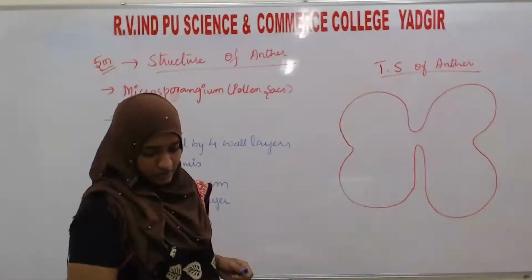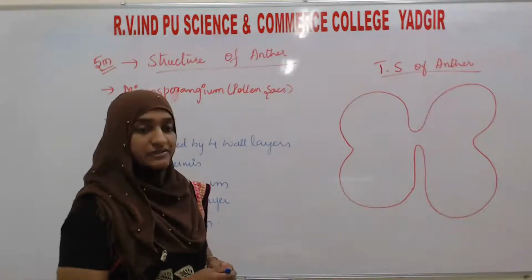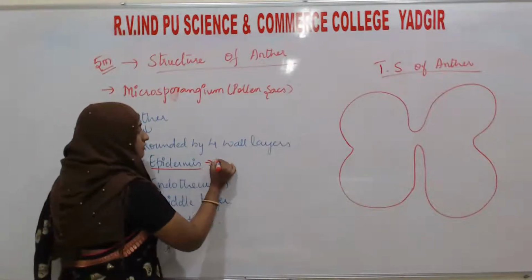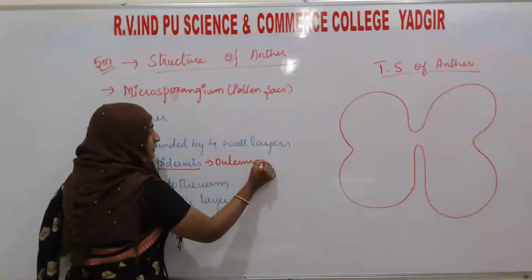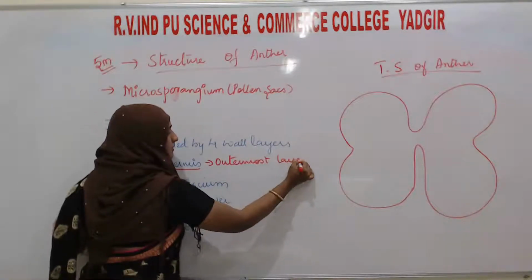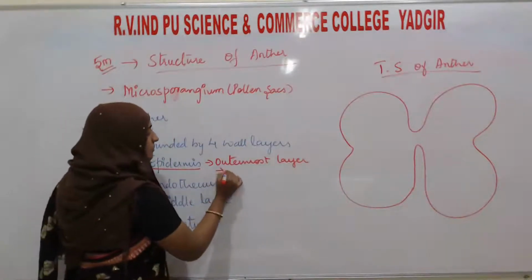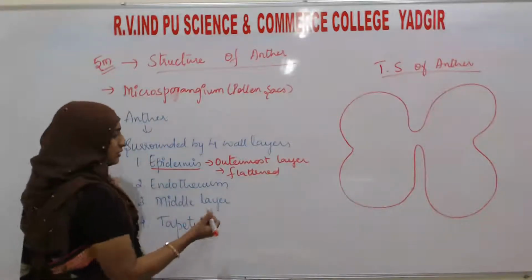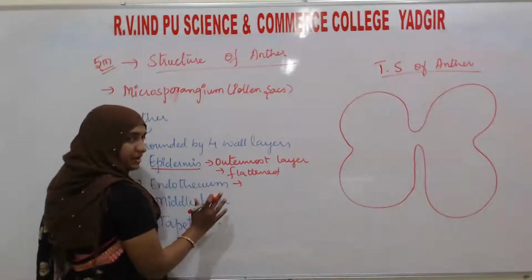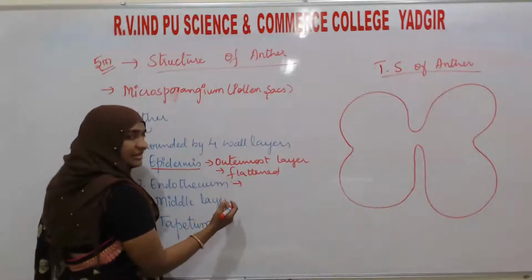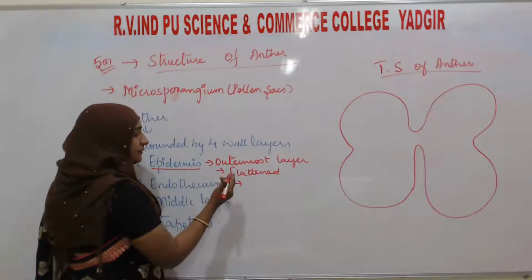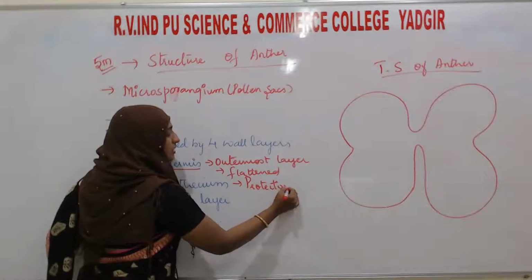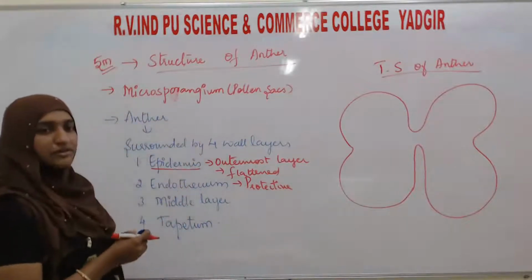Here, first of all, the epidermis, which is the outermost layer, its cells are flattened cells and tangentially arranged. What is the function of this epidermis layer? The epithelial cells, which are flattened in shape, are protective. They are protecting the particular anther, protective in nature.